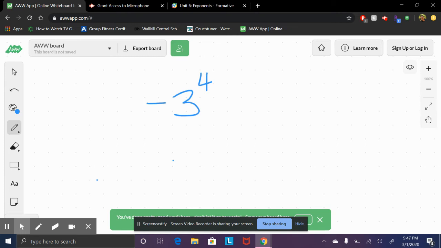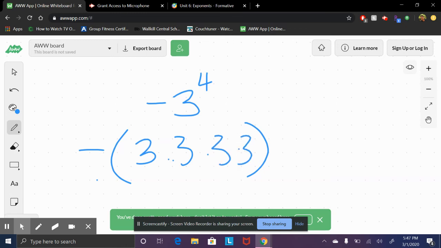Okay, so since this is not in parentheses, it's going to take the negative of the entire 3 to the 4th. So 3 times 3 times 3 times 3, which is 81. So this result is 81. Then you take the negative at the end. So it all matters whether there's parentheses or not around a specific term with an exponent.